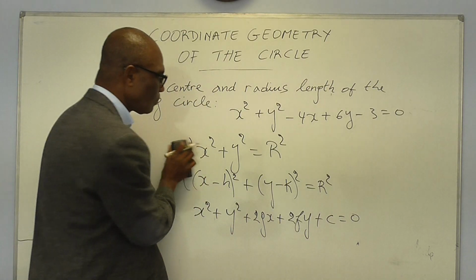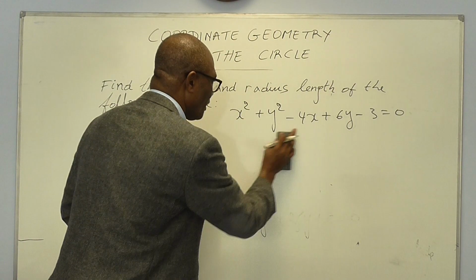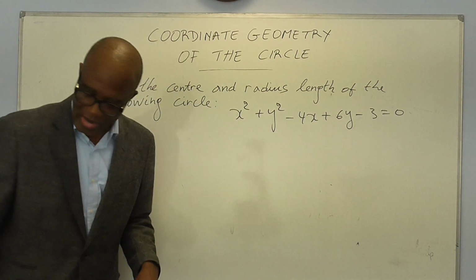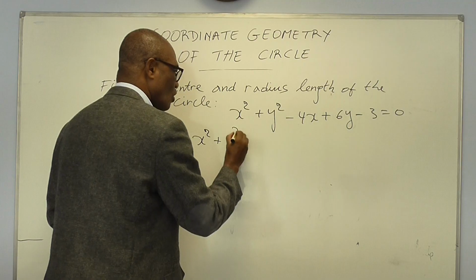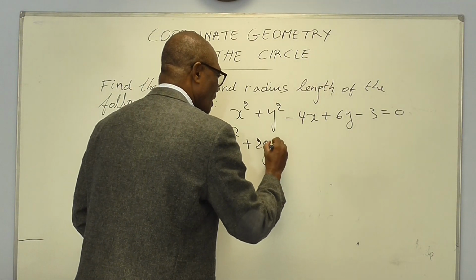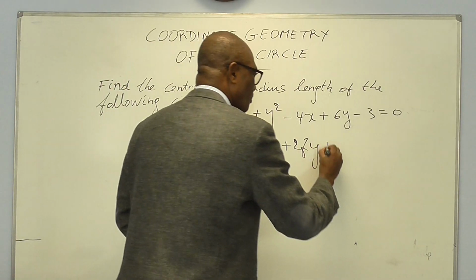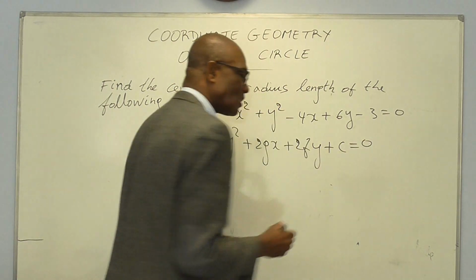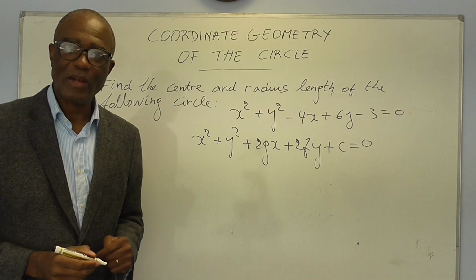So when we have x squared plus y squared plus 2gx plus 2fy plus c equals 0, this is the equation of the circle.